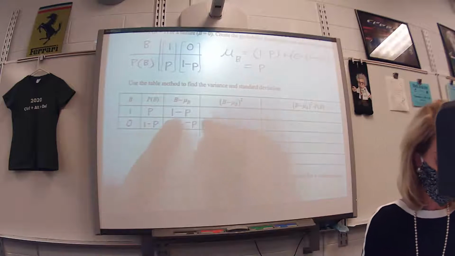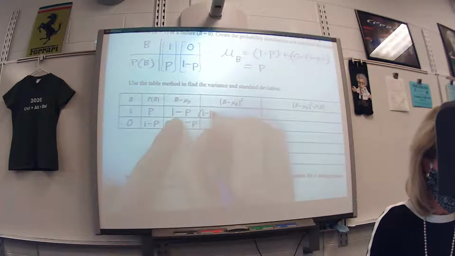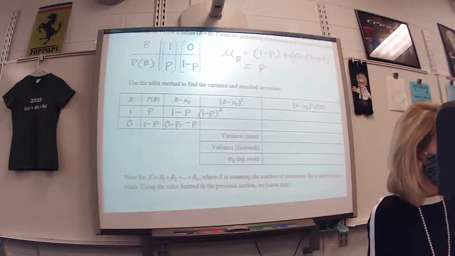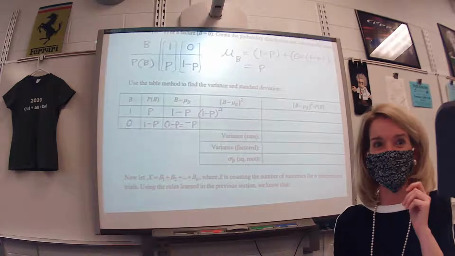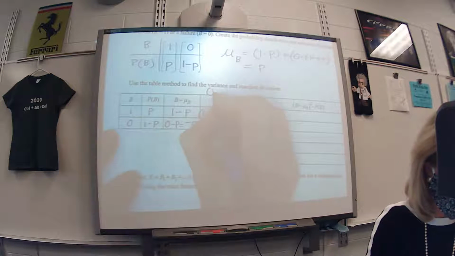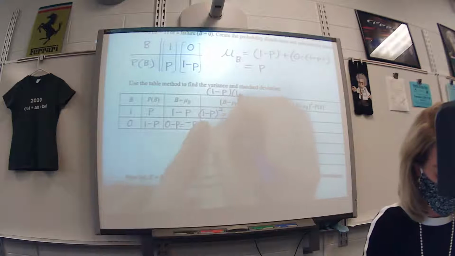Okay, so we have to do 1 minus P squared. Oh, we get to FOIL. We haven't FOILed in a while, have we? Okay, so what do we get if we multiply 1 minus P times itself?